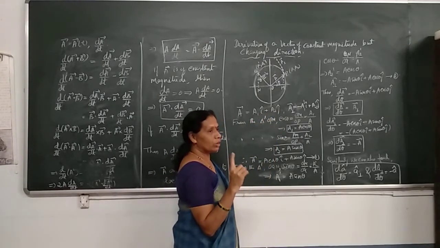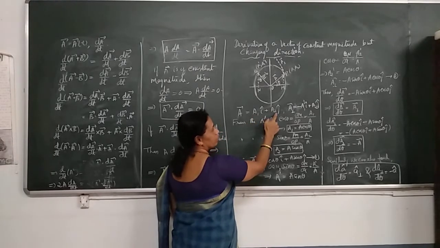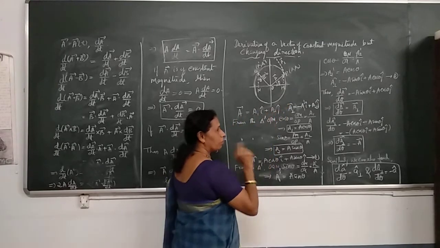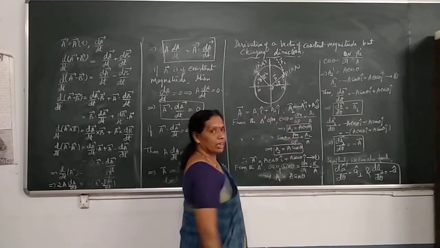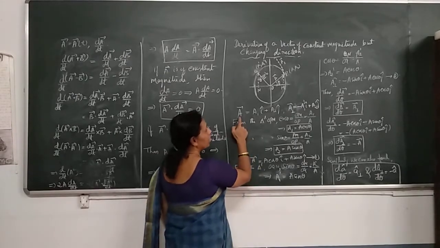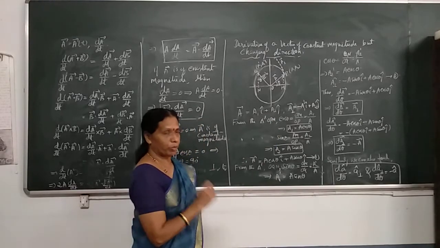In the XY plane, there are only two coordinates, A1 and A2. A1 is the component along x direction, A2 the component along y. i cap and j cap are the unit vectors along x and y directions respectively. So this is how vector A is represented in terms of its components.